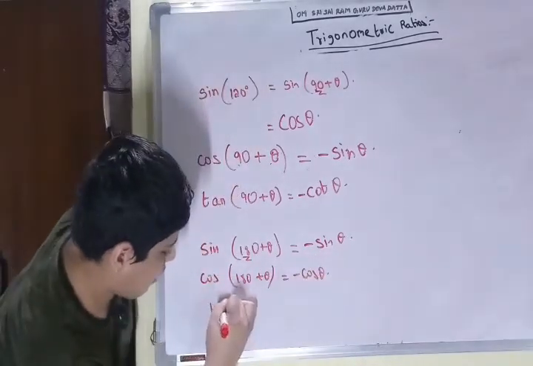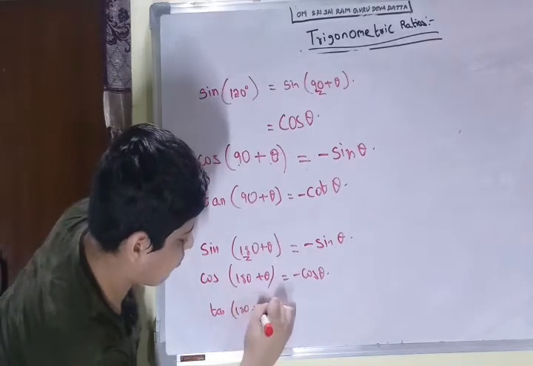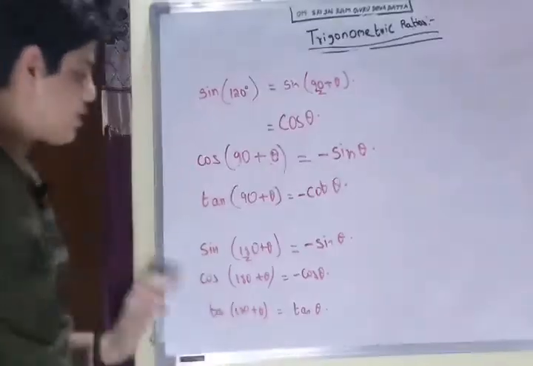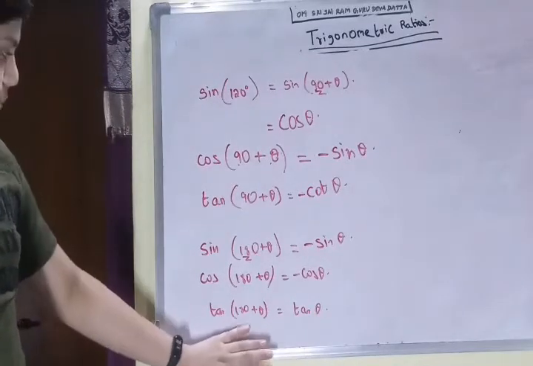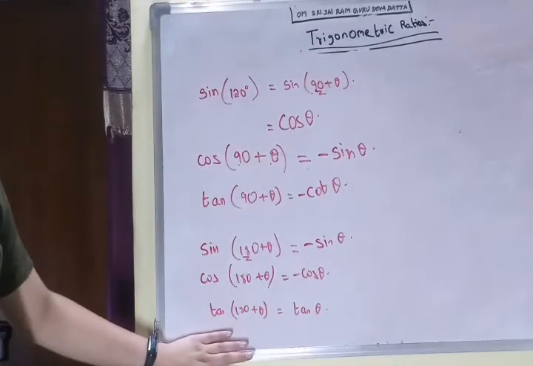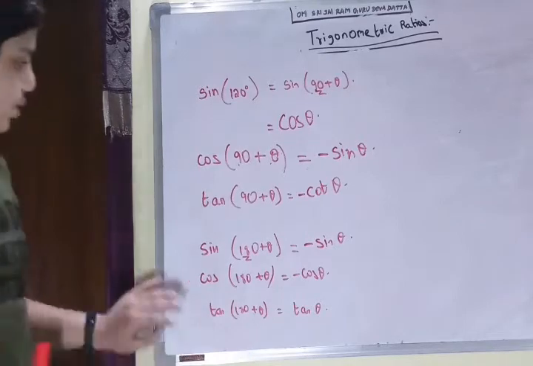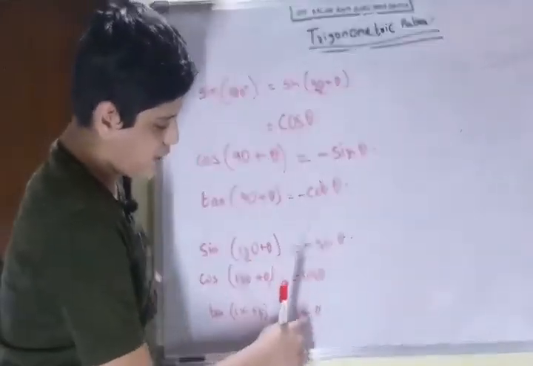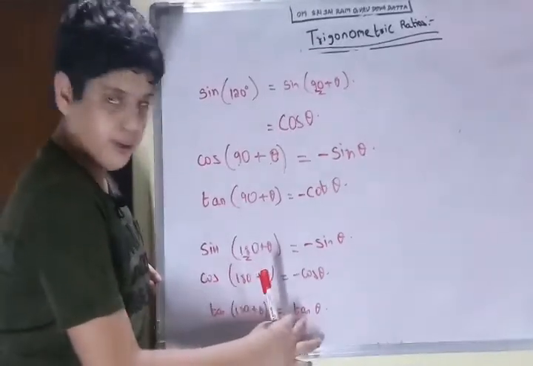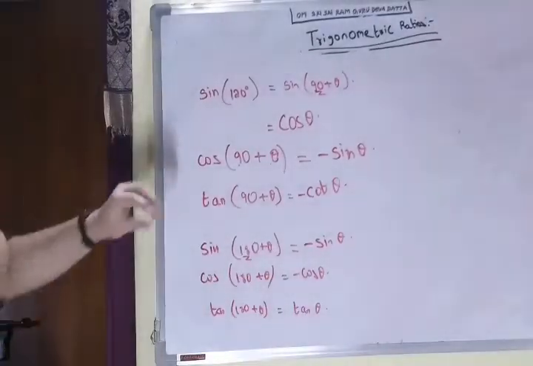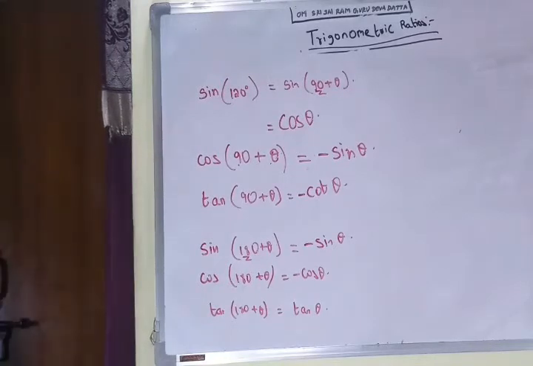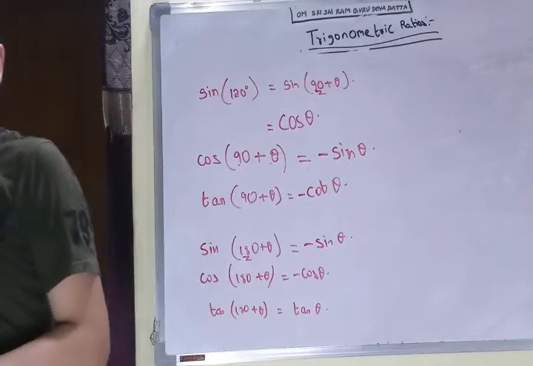Now tan 180 plus theta will be tan theta again, because tan 180 plus theta lies in the third quadrant where tan is positive, all silver teacups, so tan is positive, and 18 is even, so you need not change the function, you can keep it as tan. Okay, in the same way you can use it for sin 270 plus theta and cos 270 plus theta also, using all silver teacups.